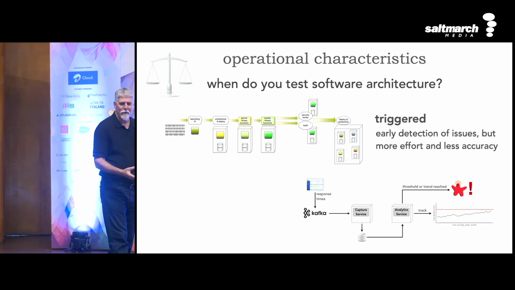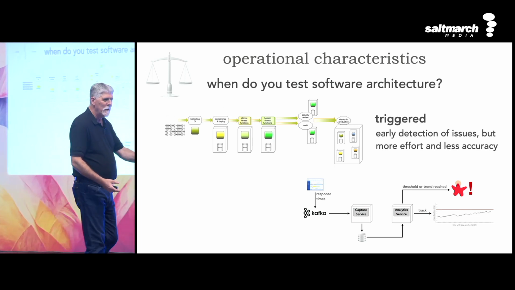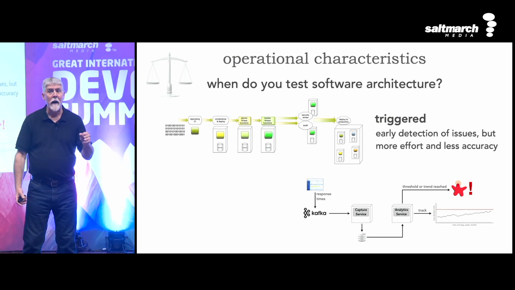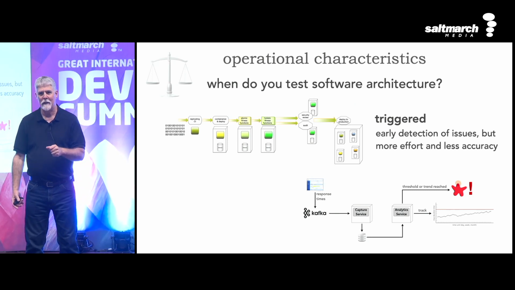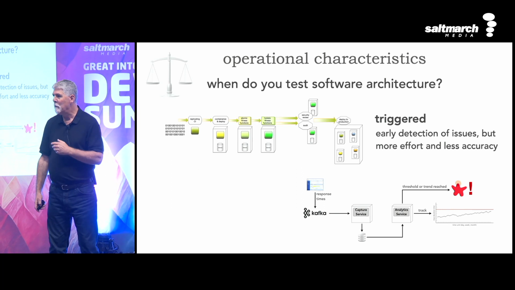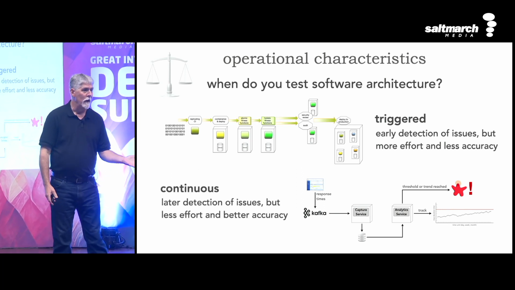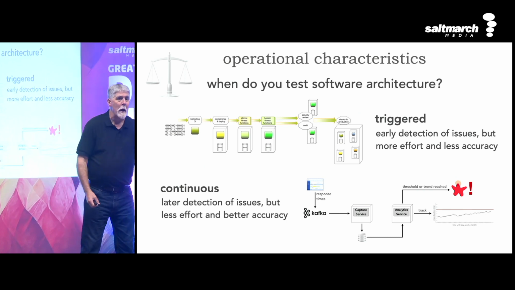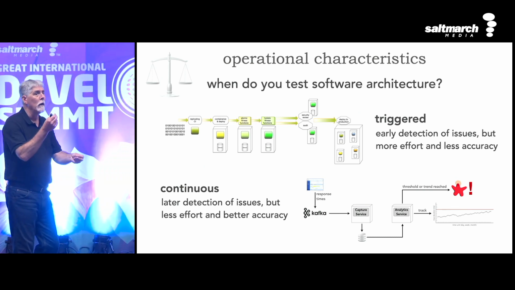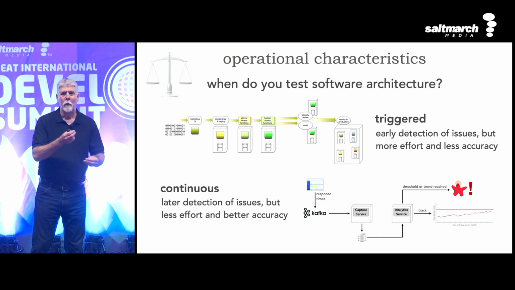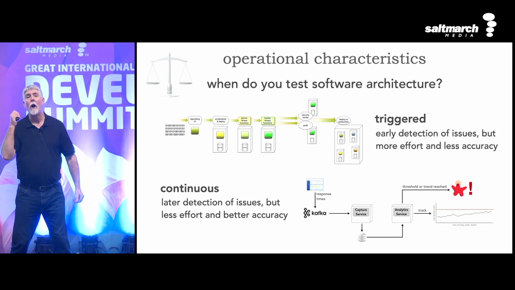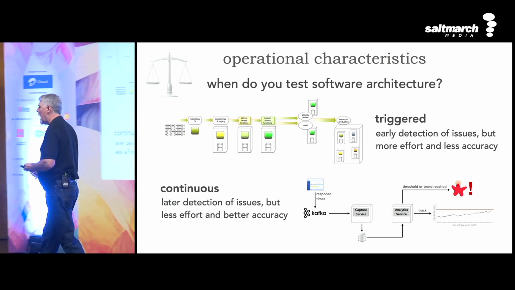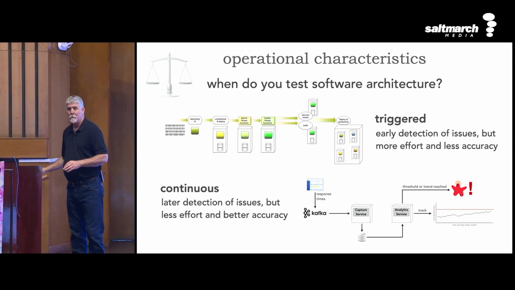Triggered fitness functions, early detection, but they're really expensive and a lot of effort to maintain. However, continuous fitness functions are later detection, but we get much better accuracy, much better results, and they are a lot cheaper. Wow, that is a hard decision to make. Actually, it's really not. That's the trade-offs.